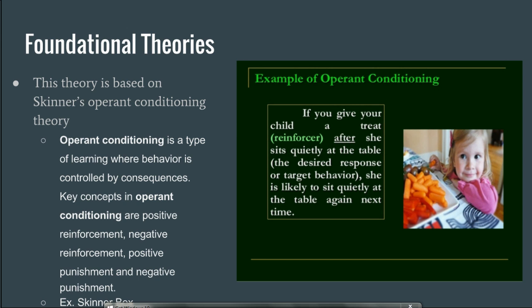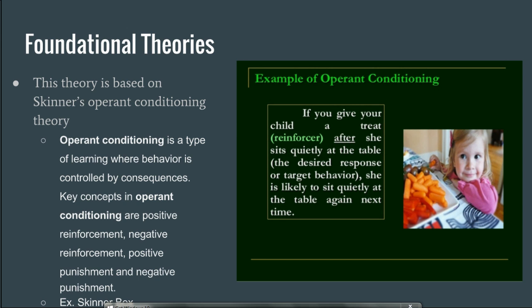There are a couple of different theories that this was based on. One of the main ones was operant conditioning, which is somewhat similar to classical conditioning, if you're familiar with that. We'll talk about that next. It's basically where your behavior is controlled by your consequences. That includes the reinforcements, positive and negative, as well as the punishment.